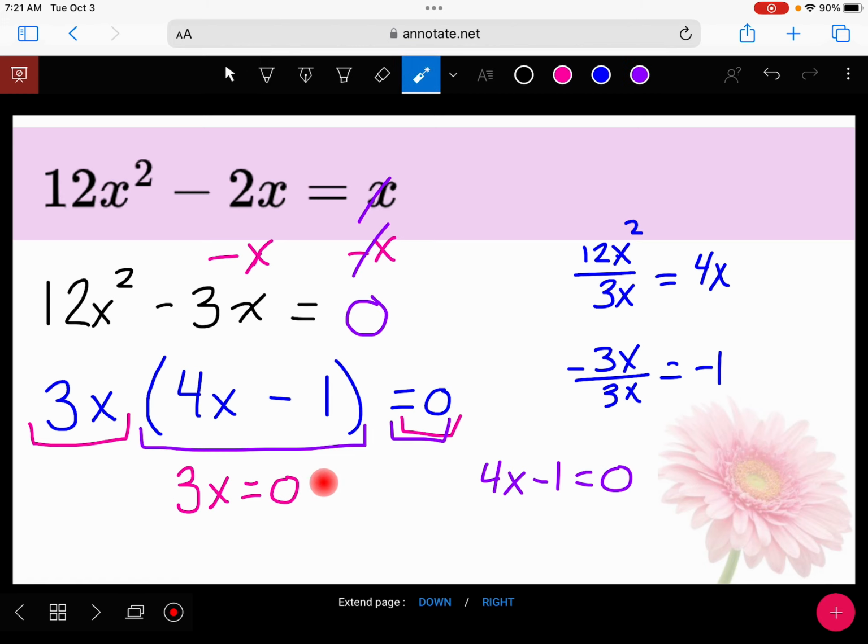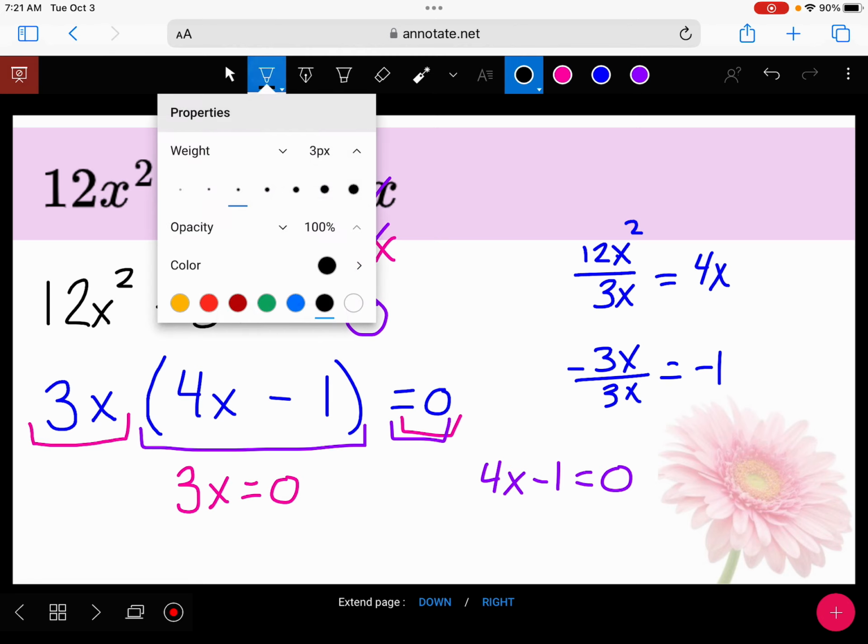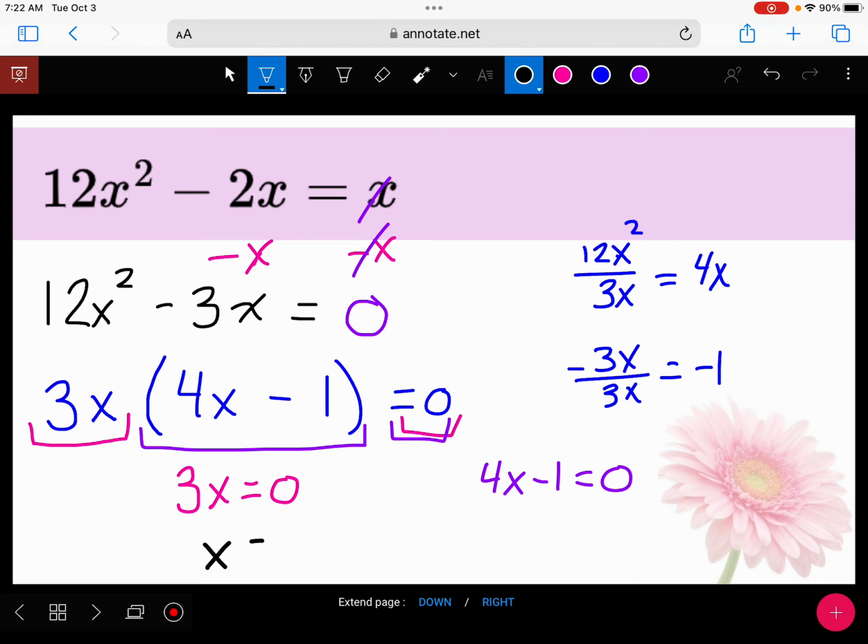What can I do on this one to get x by itself? Divide by 3. Divide 0 by 3, what do we get? What is 0 divided by 3? 0. I have no cookies to split among my 3 friends. Everybody gets no cookies.